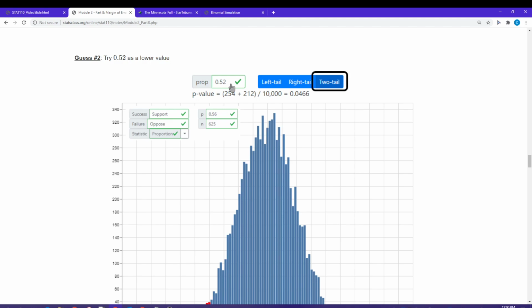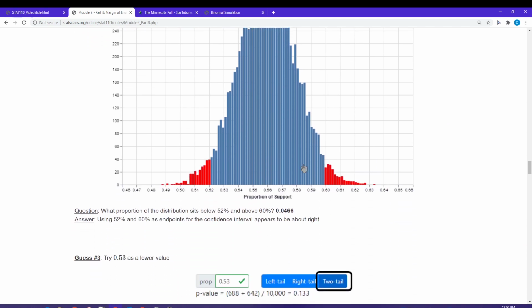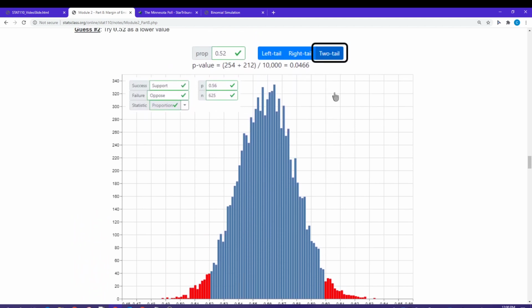So when placing 0.52 in the proportion box, the red is the area or the bars that are being truncated. I am truncating about 4.7%, and that looks pretty close to that 5%.